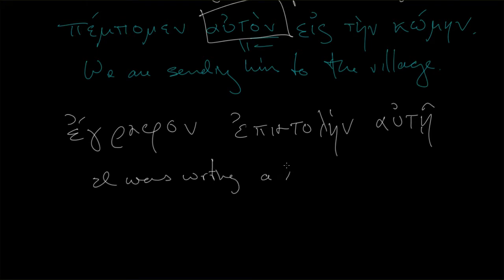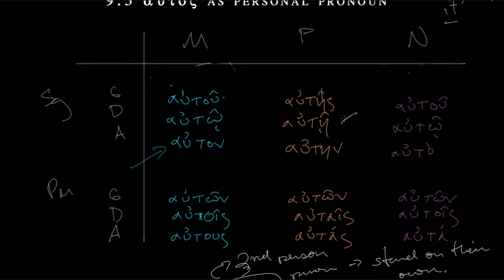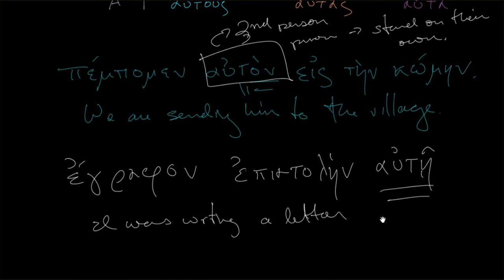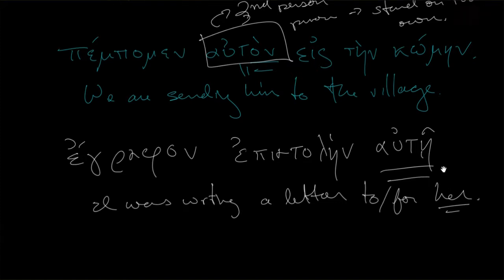Writing a letter, that's epistolane without an article. And then aute, well what's that going to be? Again, we can cheat, but you should know this at this point. It looks pretty familiar from our first declension. Dative singular feminine. So to, I was writing a letter to, or maybe for, an intended recipient, and that's her. Who is her? Well, it could be the child, it could be Athena, we don't know. It just means her, referring to some kind of feminine singular thing.